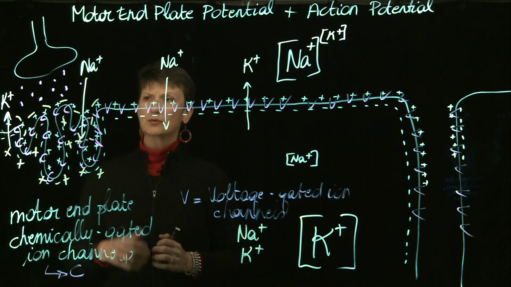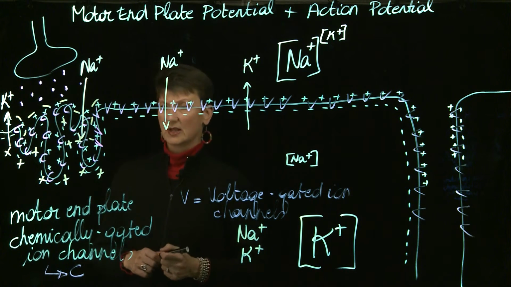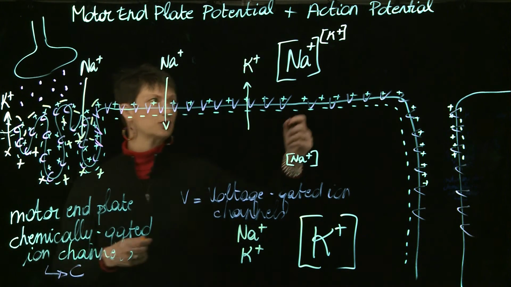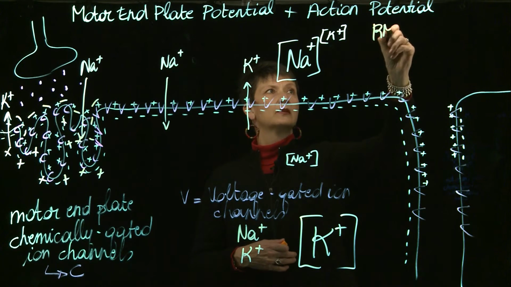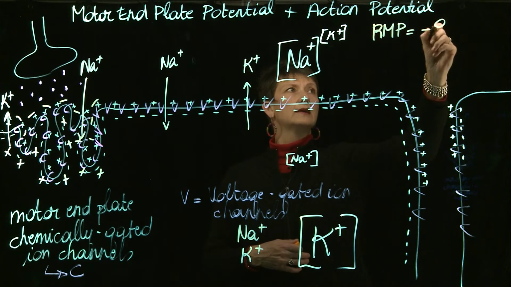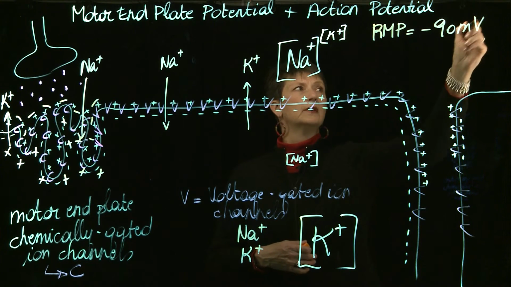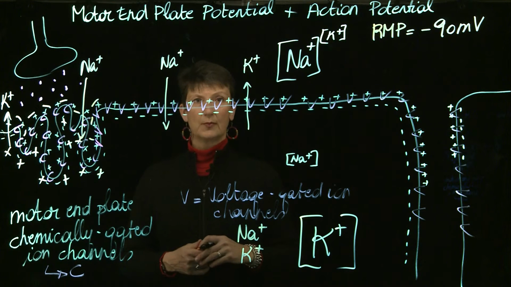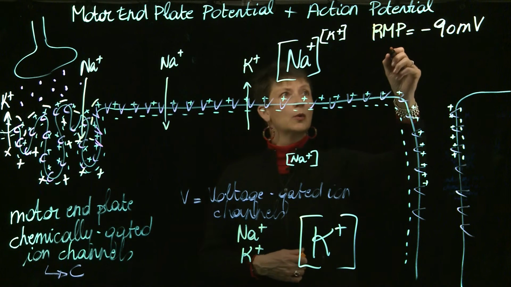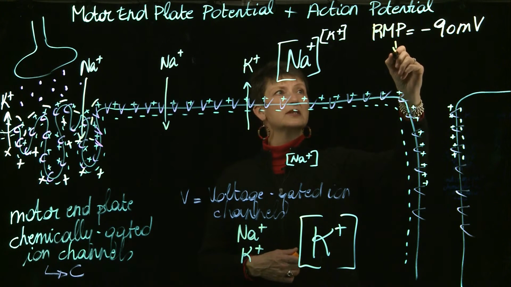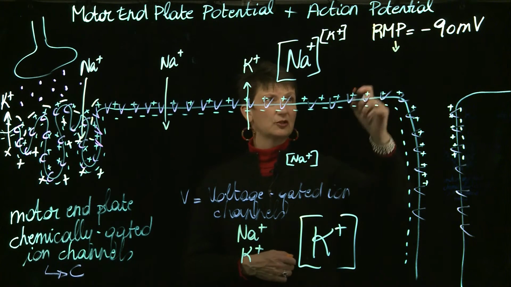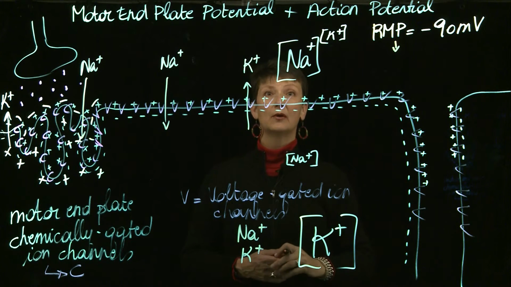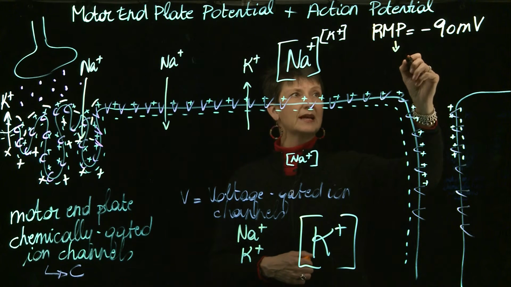So now let's really make some more sense out of this. Remember that I said that at rest, the resting membrane potential of a skeletal muscle cell tends to be around minus 90 millivolts. We're now bringing in mostly positively charged sodium particles, and therefore little by little we're disturbing our resting membrane potential, and this very negative number of minus 90 is going to become less negative.